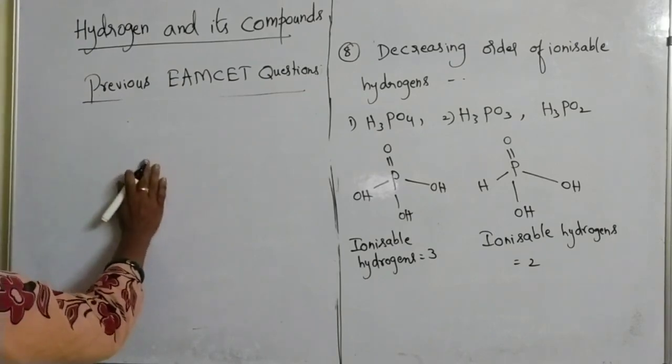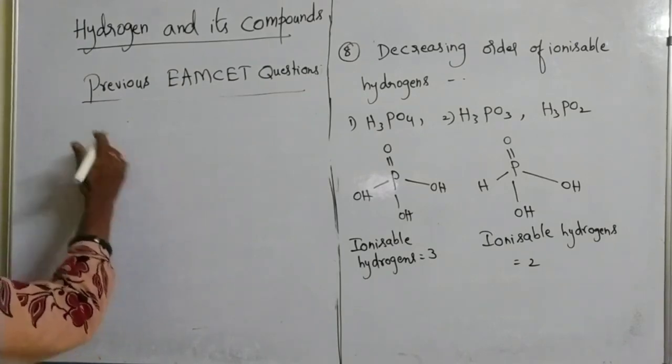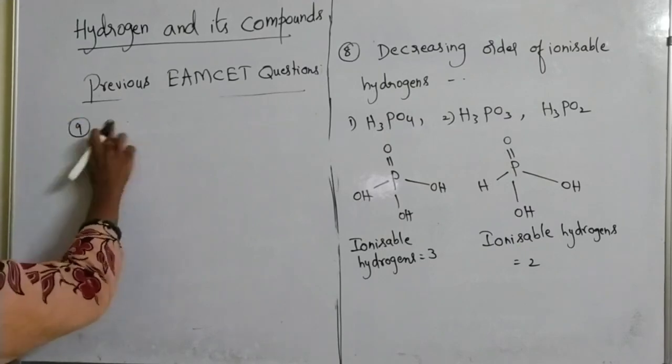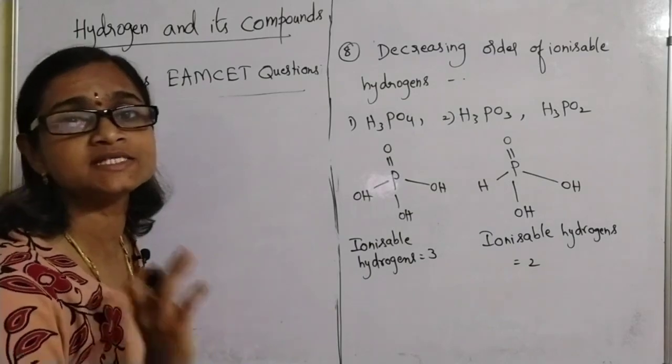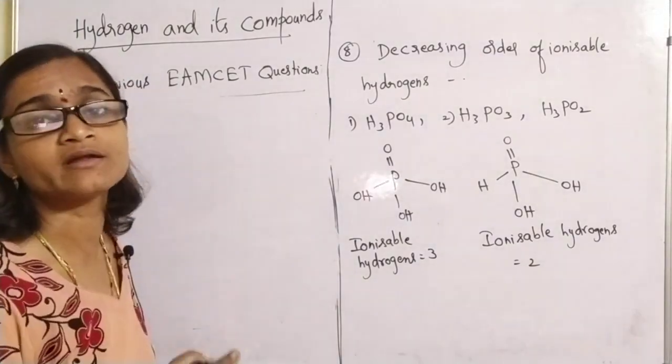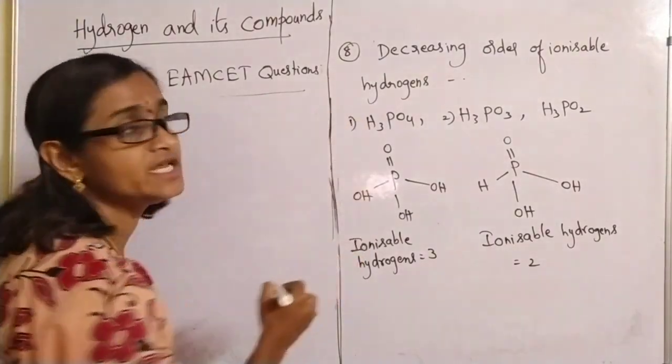Next, what will be the organic compound formed? 9th question. Same like normal hydrogen only. Deuterium oxide also exhibits same properties as that of normal water. Deuterium oxide is D2O.